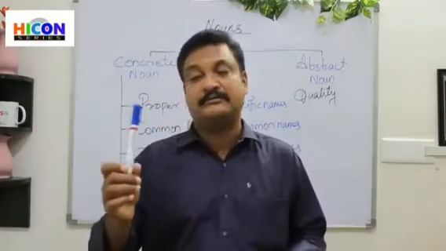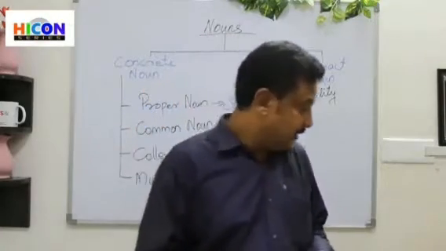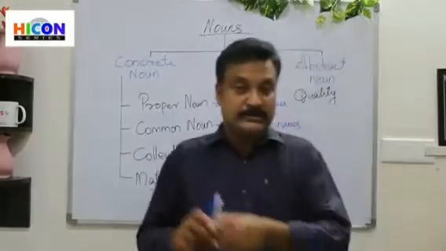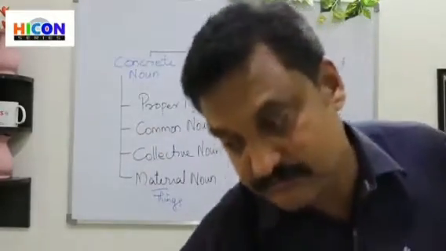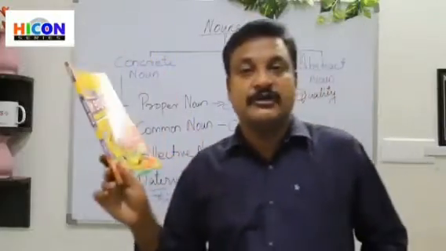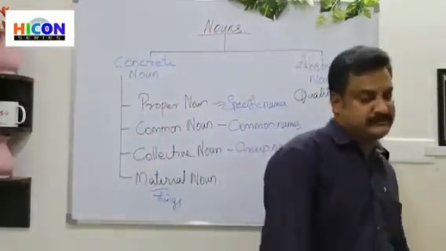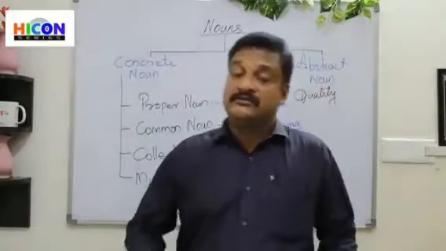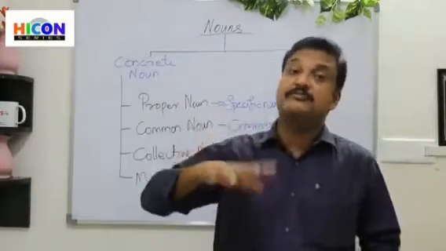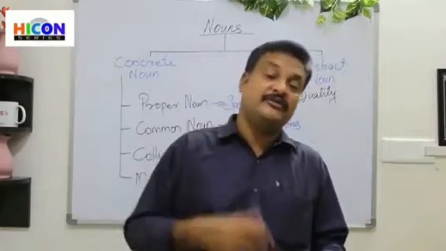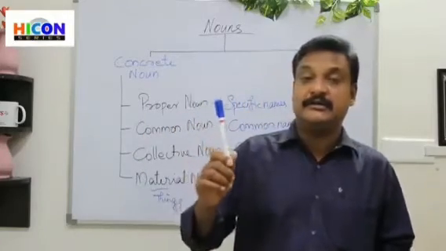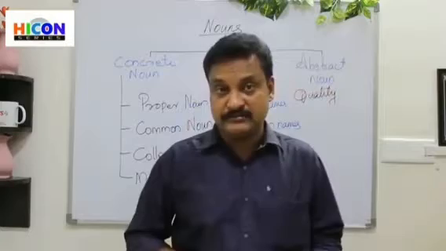For example, I have a pen. Right? I have a knife, or I have a book with me. So we use a lot of things, but the thing that we use is actually made up of something else, isn't it? For example, we have a pen here. This pen is made of what?